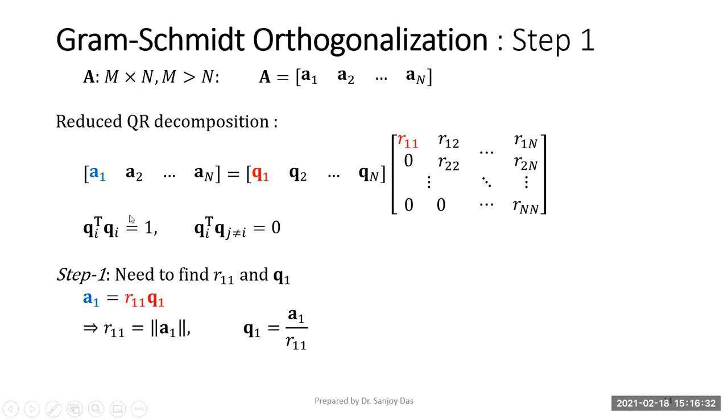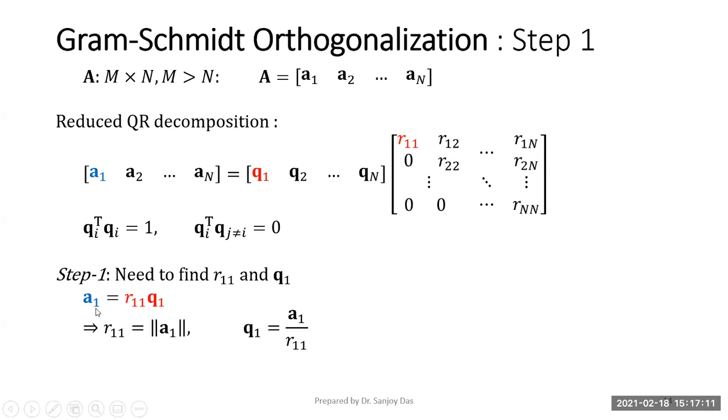In the first step, all these elements in the first column here, I will find out. And this A1 is known because the matrix A is given. Doing the multiplication here, I see that A1 on the left-hand side is equal to R11 Q1, plus 0 times Q2, plus 0 times everything else here is 0.